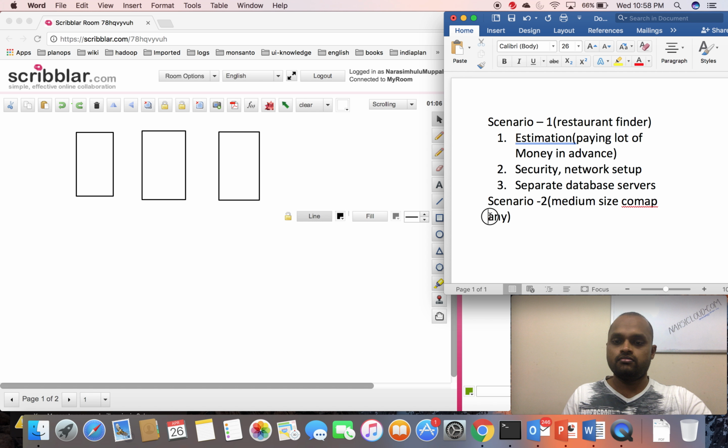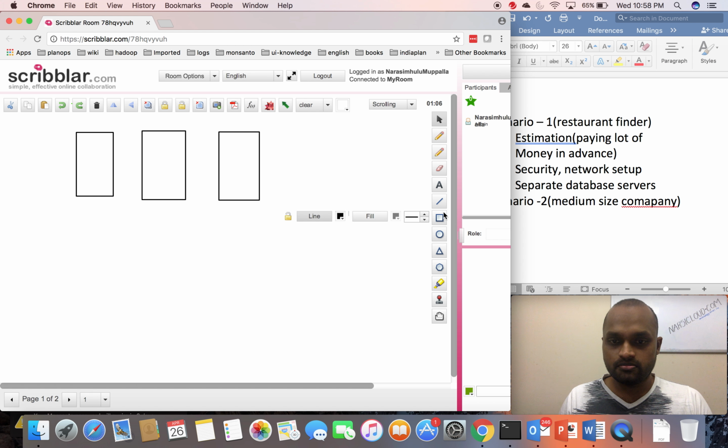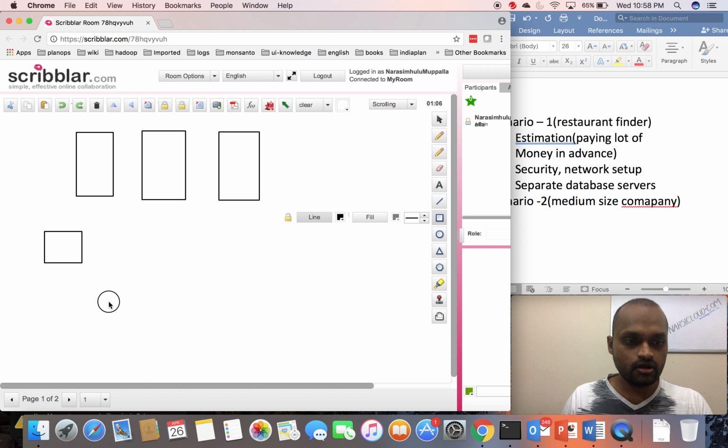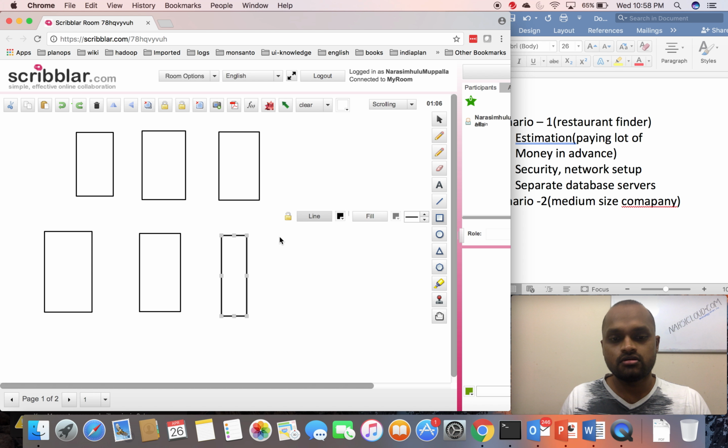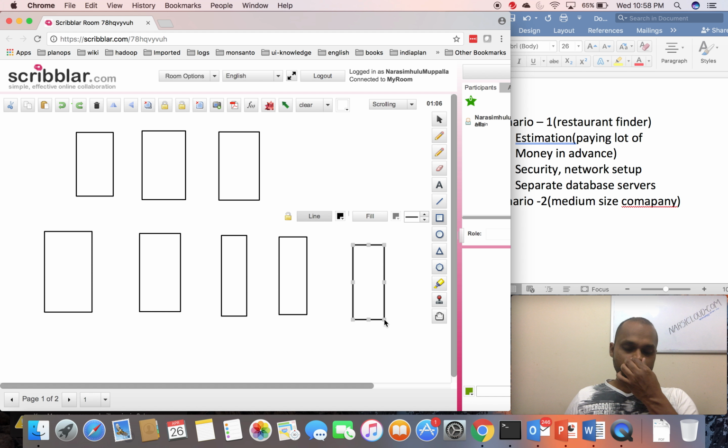Even here, we would see mostly similar issues. In the medium-sized company scenario, we described that we were having, sorry, 30 machines like this. All right. So that's fine. That's up and running. The application is up and running.